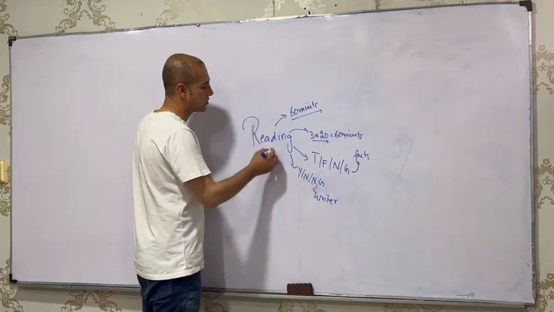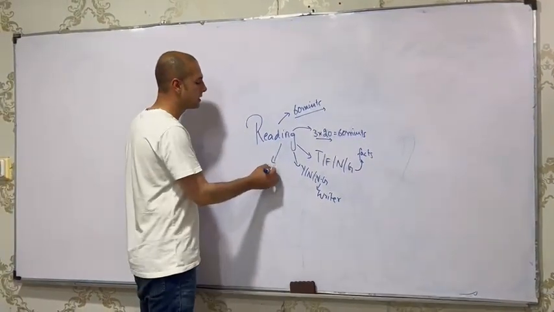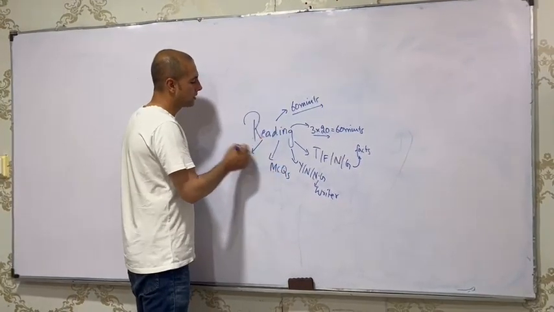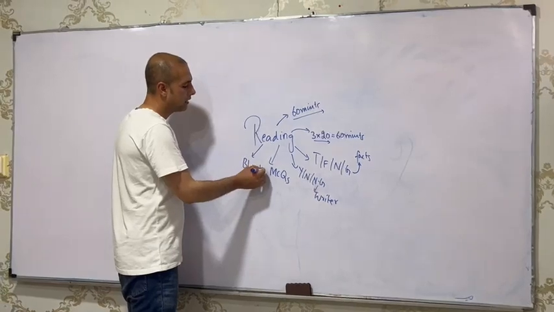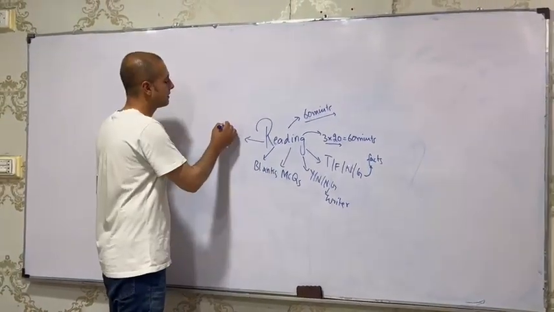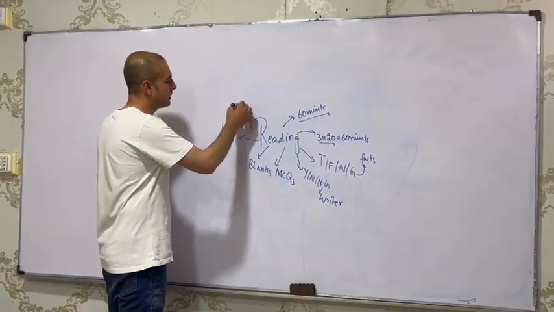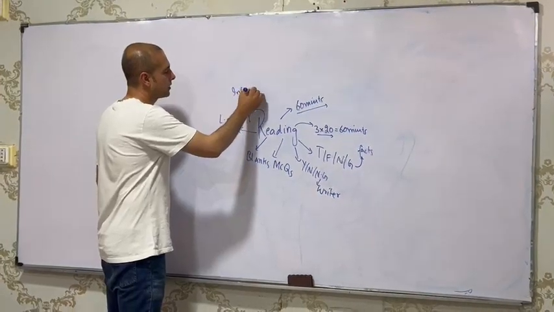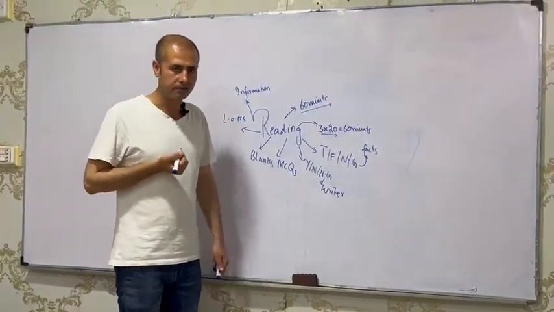Other types of questions in your reading test are multiple choice questions, along with blanks. Other than this, you have list of headings, and somewhat similar to list of headings, you have which paragraph contains the following information.